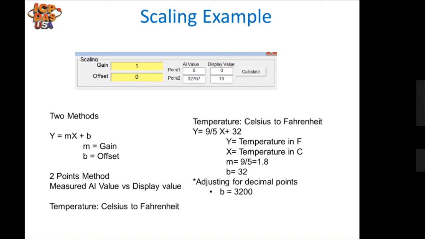So either in the scale and offset, you put in 9/5, and in this case we'd put 3200 because of the offset, or if it was 3 digits, it would be 32,000. For our temperatures, though, I believe it's 3200. For the 2-point method, we can do a similar thing by using 2 AI values and the display values, and clicking the word calculate.